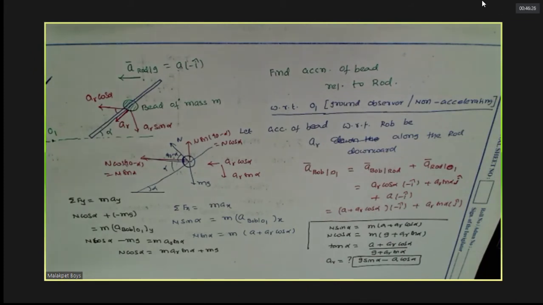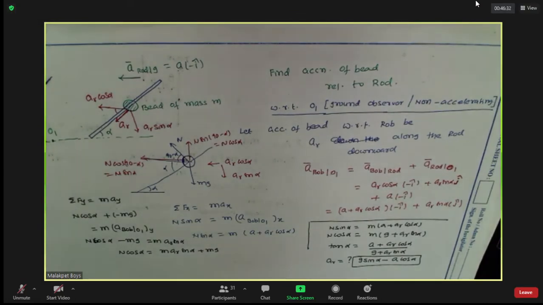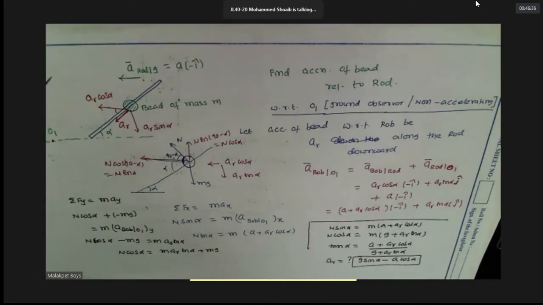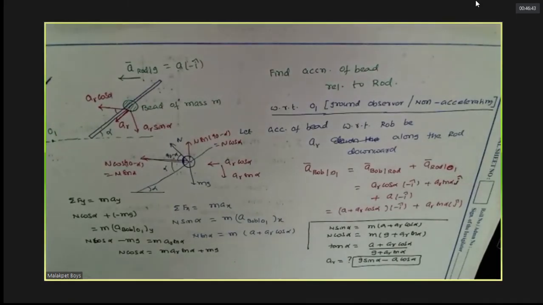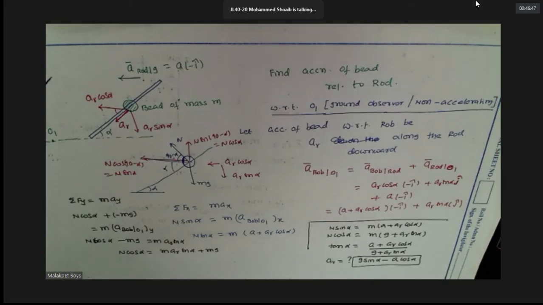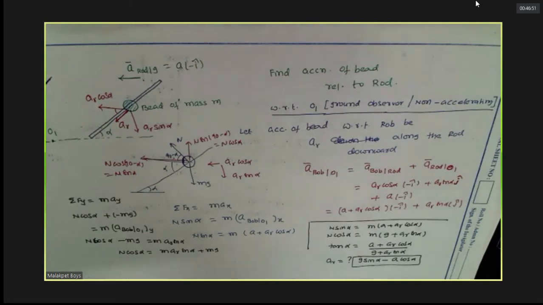Not getting this. Sir, we are getting G sin alpha minus A cos alpha by sin square alpha minus cos square alpha. Sin square plus cos square is how much? 1 only, no? Yes, sir, but sin square minus cos square. Check up, some sign you have done, some mistake.